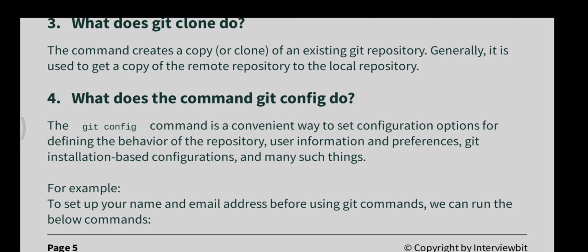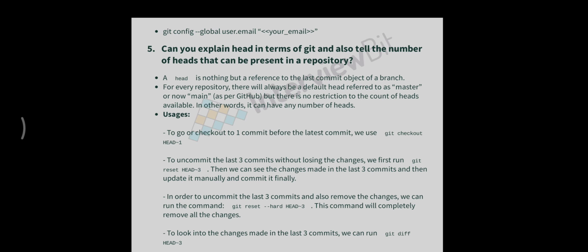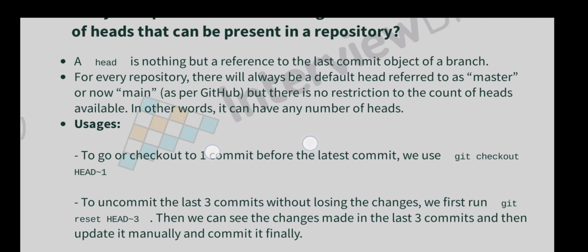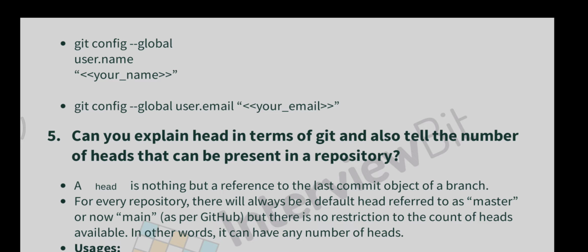For example, to set up your name and email address before using git commands, we can run the below commands. git config --global user.name, where you mention the username, and git config --global user.email, where you mention your email.